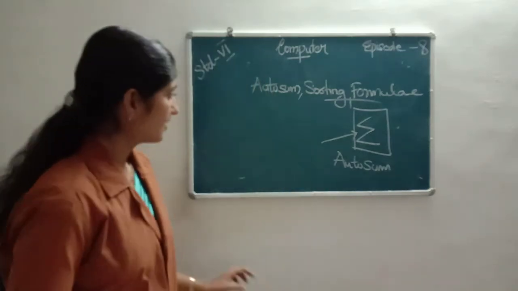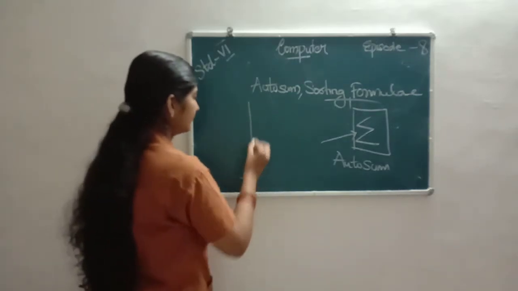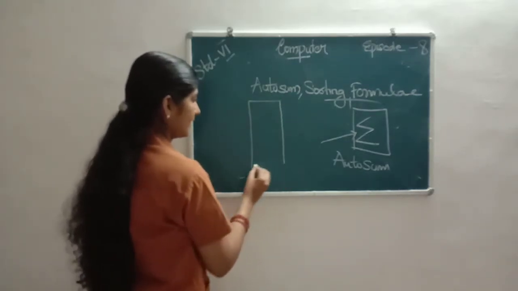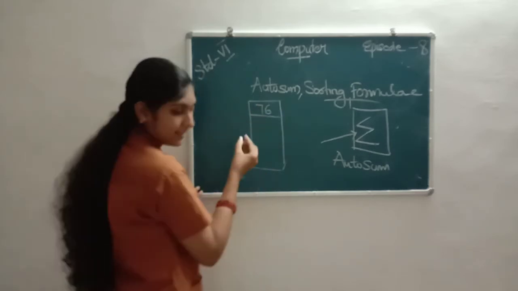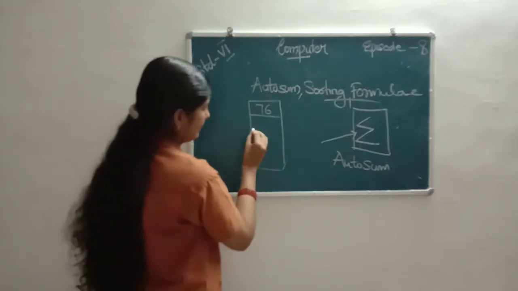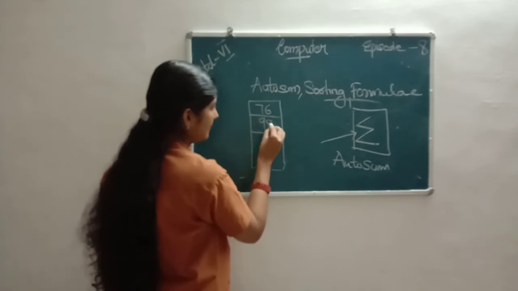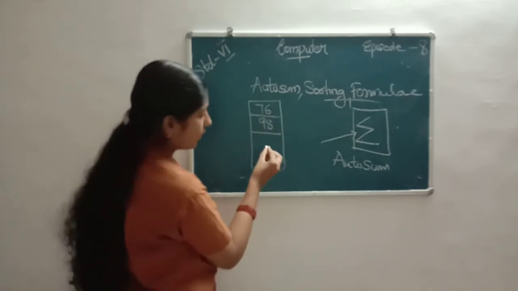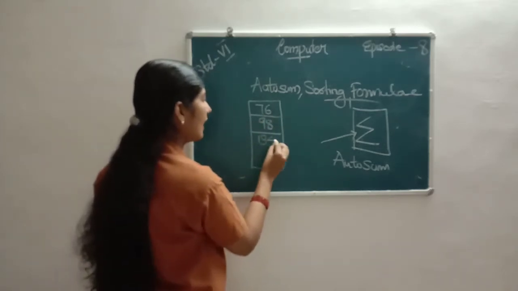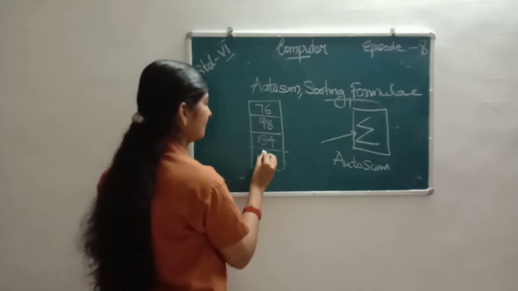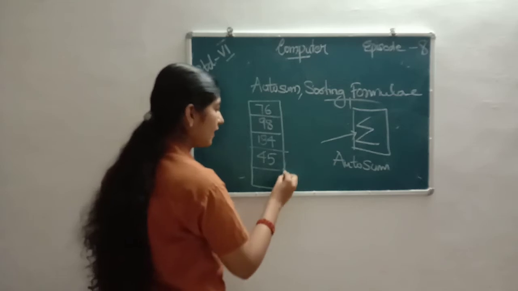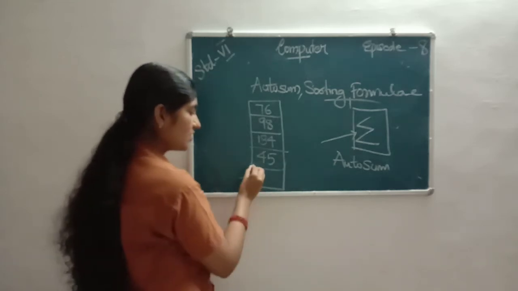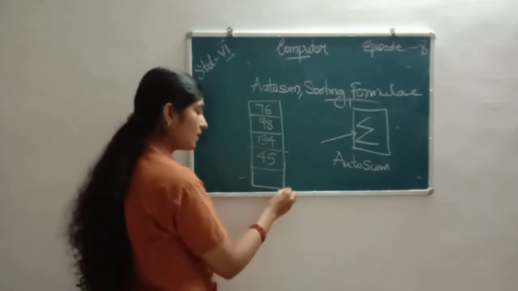So here, this is the cell which contains 76, 98, 134 and 45. If you want to find the auto sum, just click the cell below the data.